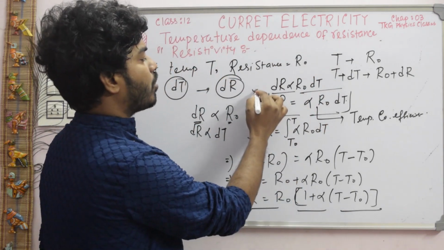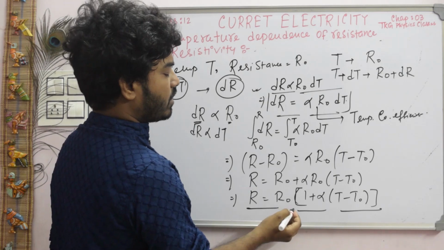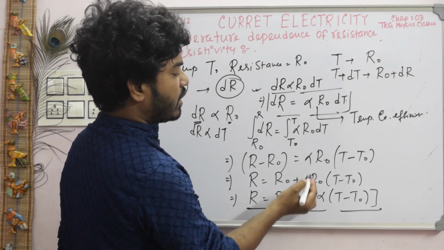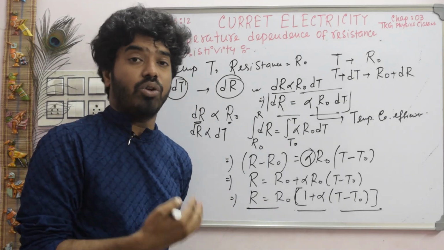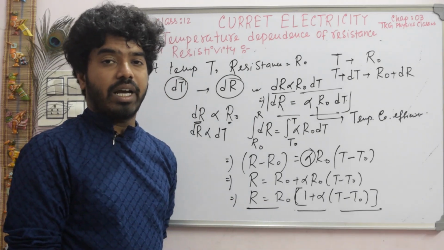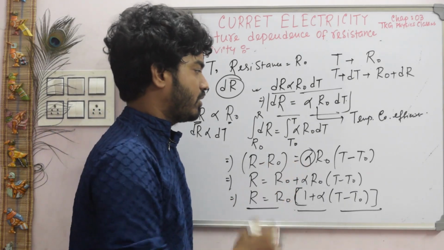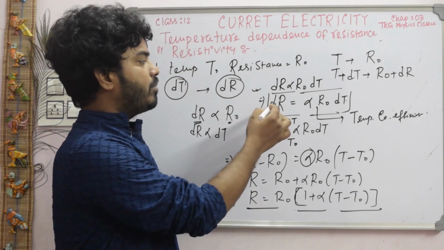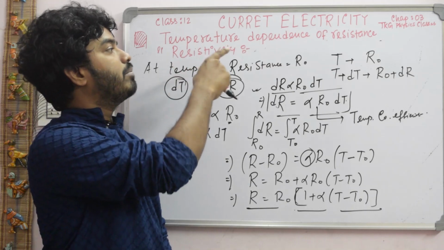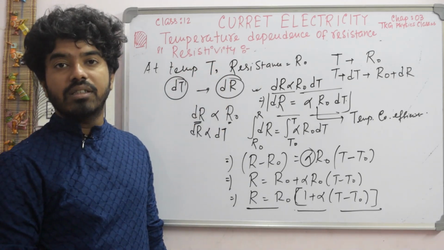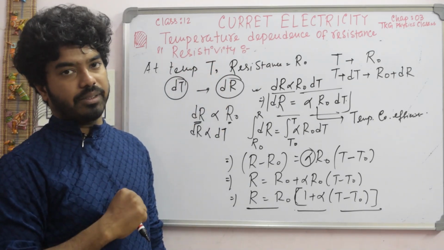This expression is not always exactly right, because here I am taking alpha as almost constant; around this range you can say alpha is constant. So with the help of this equation we can express mathematically the temperature dependence of resistance for a conductor.